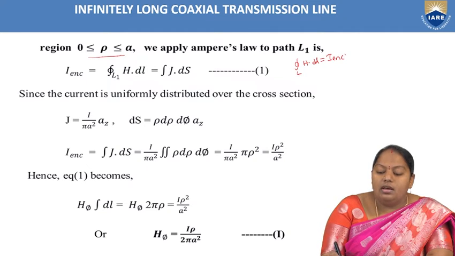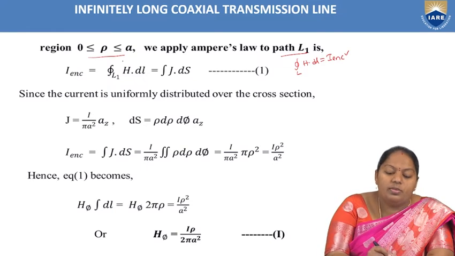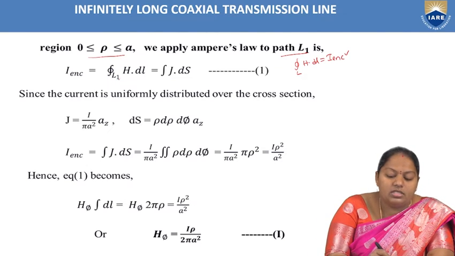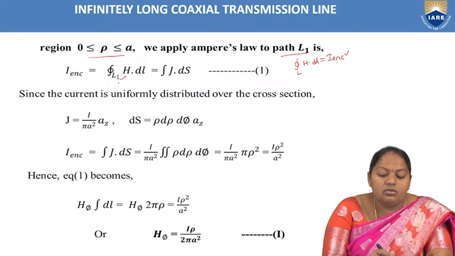This is the law we apply for the first Amperian path L1, whose range is 0 to A. Hence, in place of L, we consider L1. So I enclosed equals the closed line integral over L1 of H dot dl, which equals I.